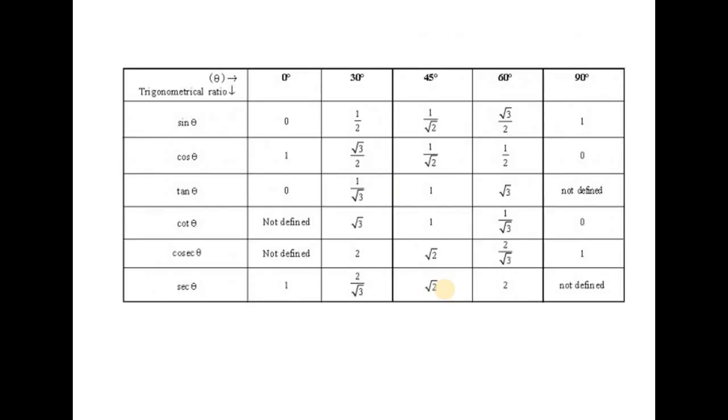So as of now we will focus only on the basic theta values, which are 0 degrees, 30 degrees, 45 degrees, 60 degrees and 90 degrees. Sine 0 is 0, sine 30 degrees is 1 by 2, sine 45 degrees is 1 by root 2, sine 60 degrees is root 3 by 2, and sine 90 degrees is 1.